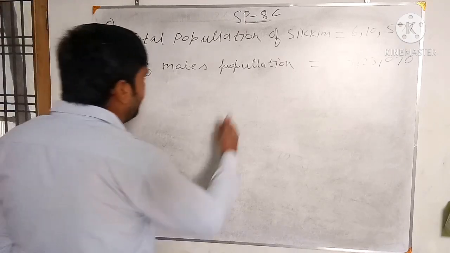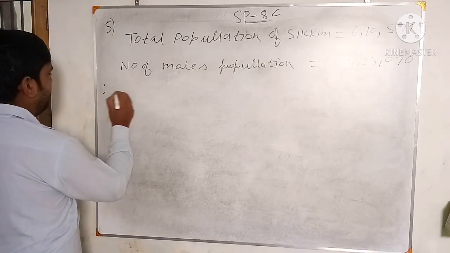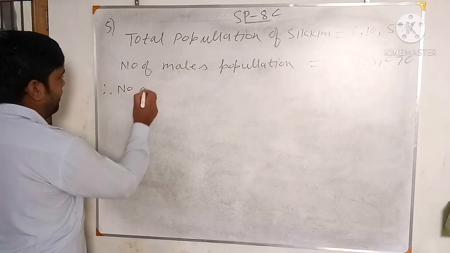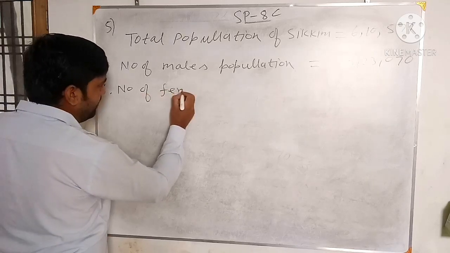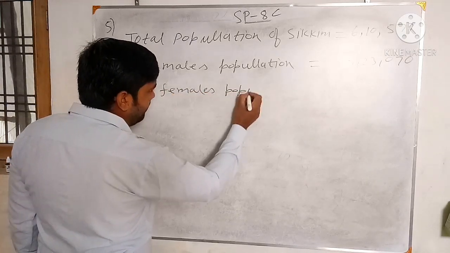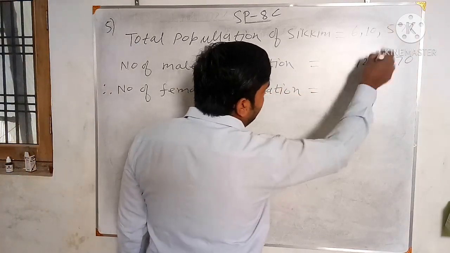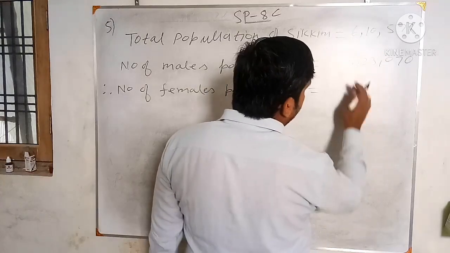So first we have to find the number of females in the population. Therefore, the number of females in the population equals the total population minus the male population.